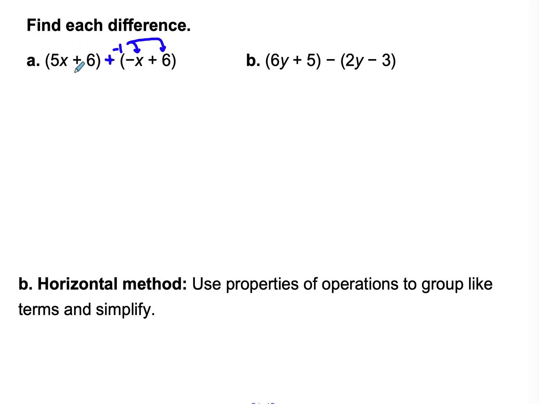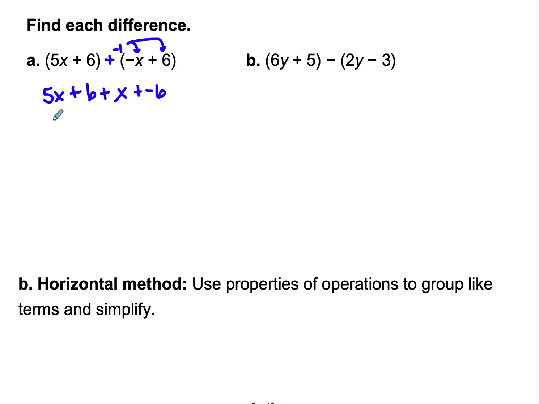Okay, so 5x plus 6, I'm just going to write as 5x plus 6. -1 times -x is a positive x. When I'm multiplying by -1, it's really just changing the sign on the number. And then -1 times 6 is -6. From here, this is exactly like what we looked at in our last lesson.